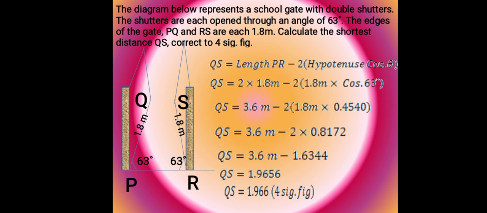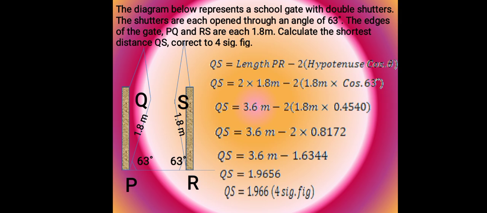What it means is we are trying to find the distance of how the gate has moved from PR. If we find the distance, then subtracting from the length of the gate, we get QS.